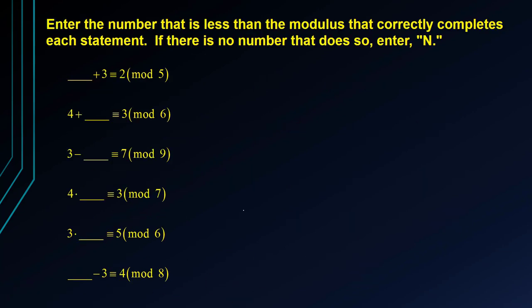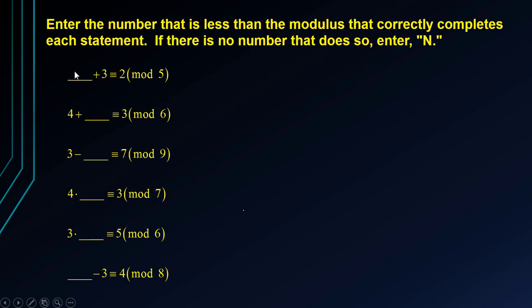Now for these, I wanted you to put in the number that's on the left-hand side, so you have to know what to add or subtract to this. And the reason why you're told that it has to be less than the modulus that correctly completes each statement is because theoretically there's an infinite number of numbers I could put over here. Say the number 3 works in this thing here.